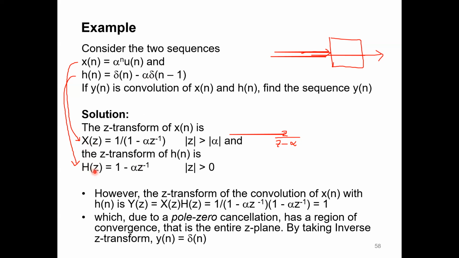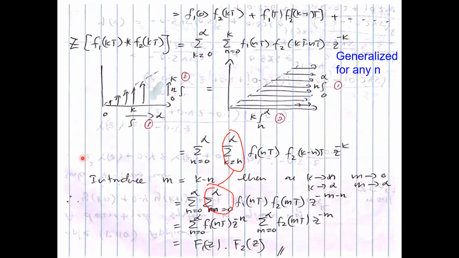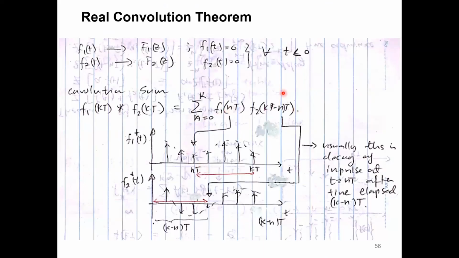So when you have the convolution sum, which is happening in the time domain, what will happen in the Z domain? What will happen to these two Z transforms? Any answer, please? The two sequences are multiplying in this format, multiply and add together, convolution sum.